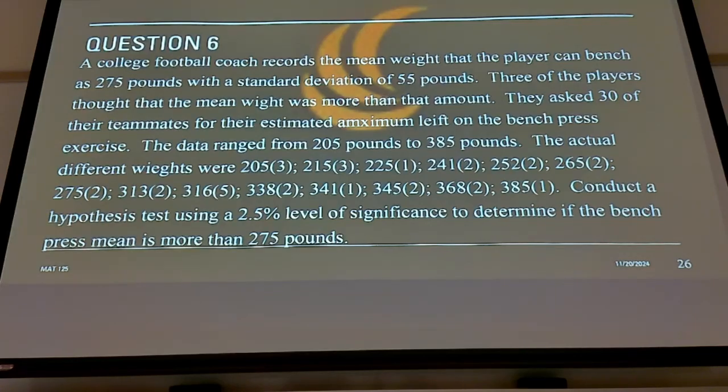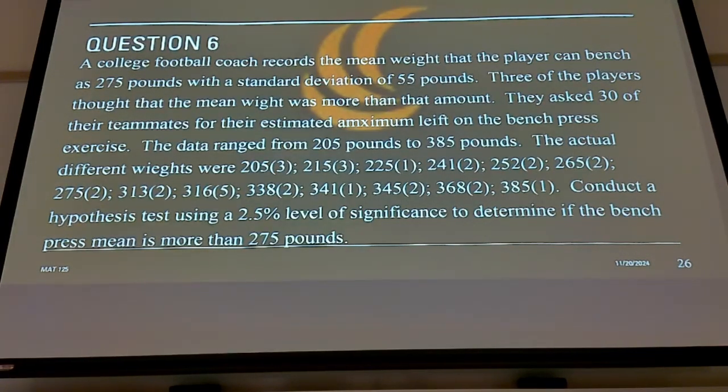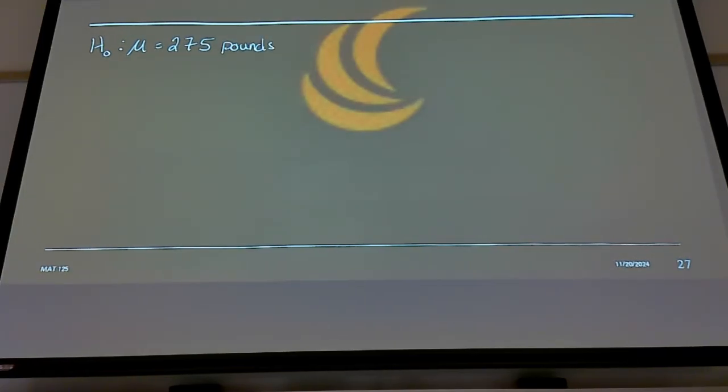So what is the null hypothesis? What's 275? No, that's the mean. So mu equals 75 pounds. But that's still the mean though, right? Okay. Yes, sir.